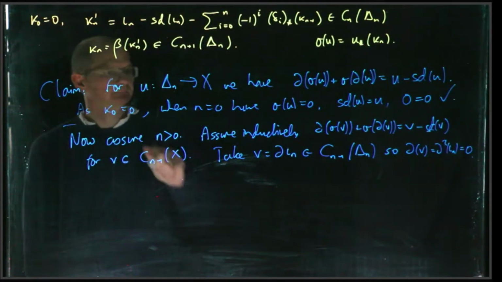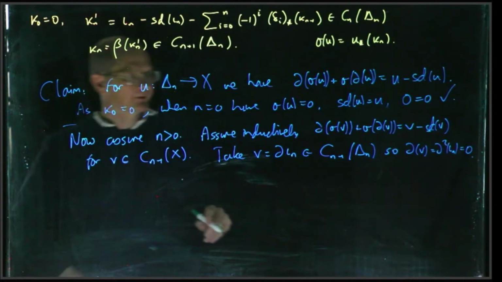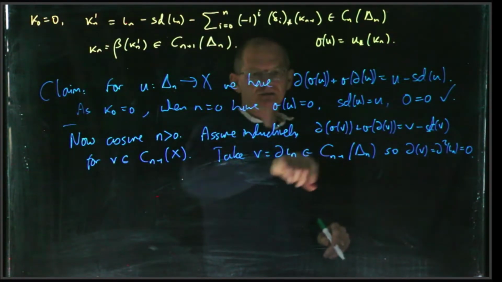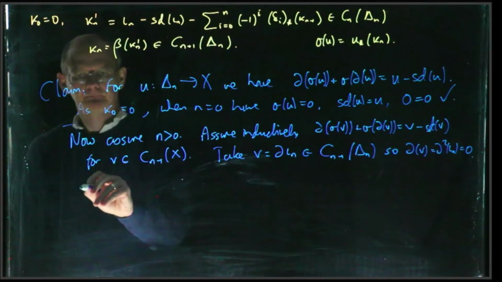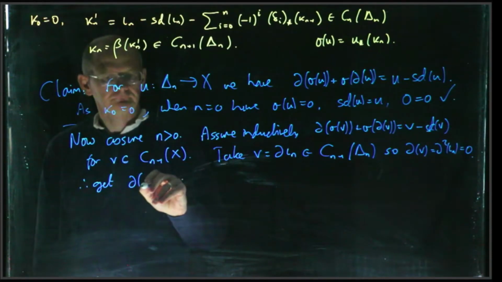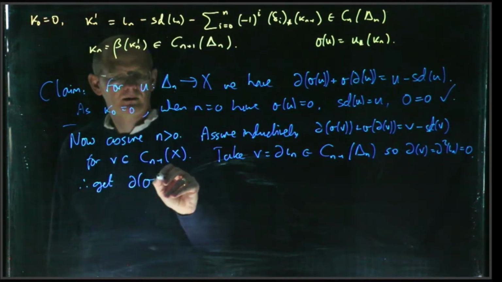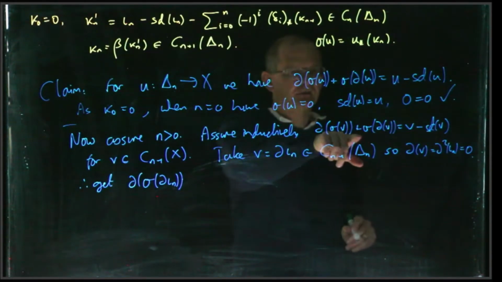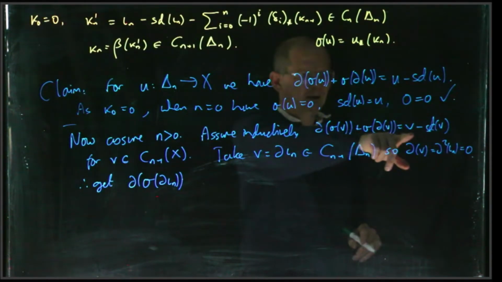And so what we get here is the boundary of sigma of v, and then in principle there's another term here, but we don't worry about that.